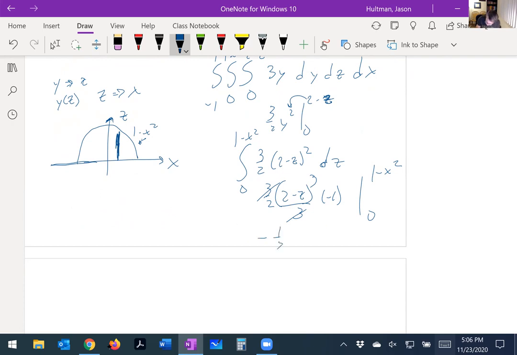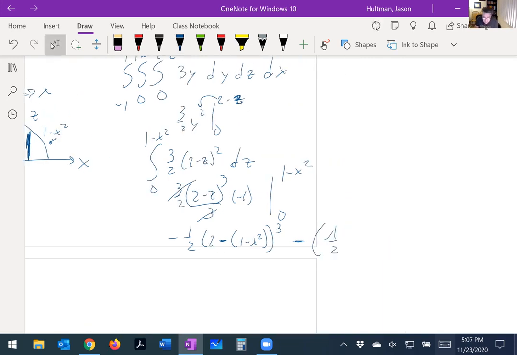So I'm left with negative 1/2 times 2 minus 1 minus x squared, cubed, minus a negative 1/2 times 2 minus 0 cubed.